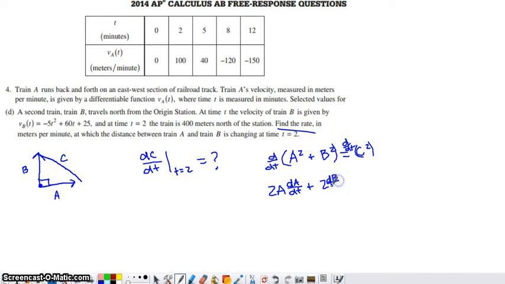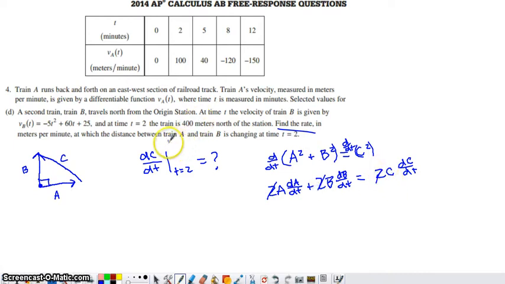So that's going to be 2b db dt. And then the derivative of c squared is going to be 2c dc dt. What I'm going to do is divide both sides of this equation by 2, which basically lets me get rid of all these common factors of 2.